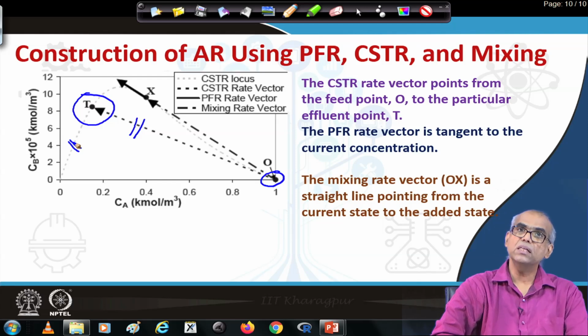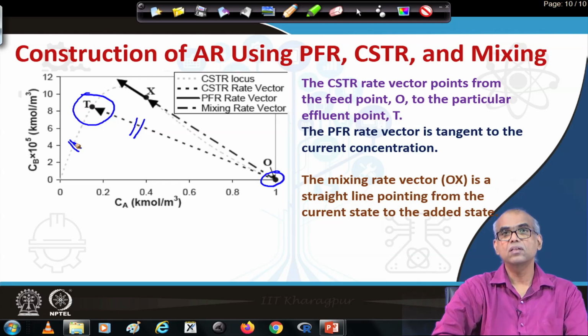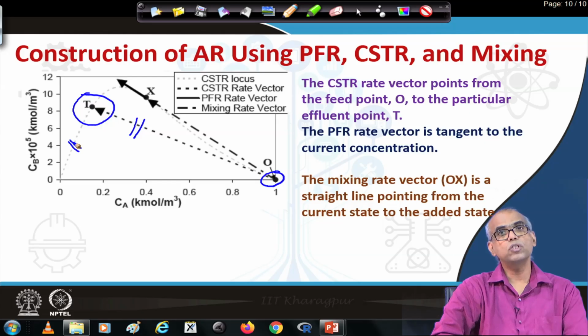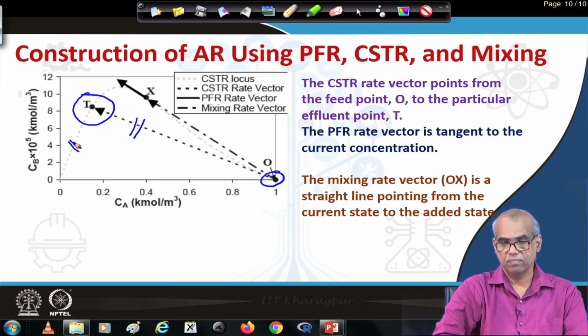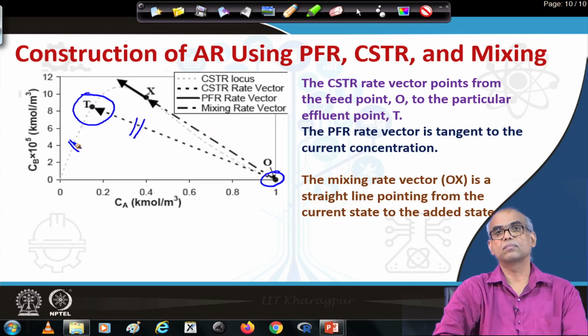So, point T represents an effluent stream coming out of a CSTR. O represents the feed point. So, the CSTR rate vector OT points from the feed point O to the particular effluent point T.